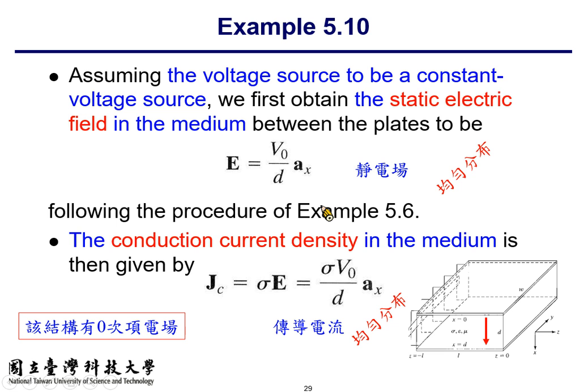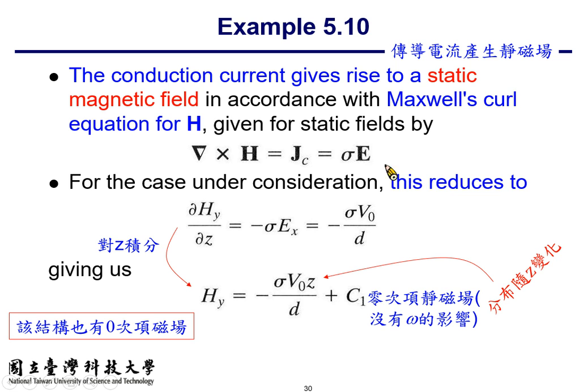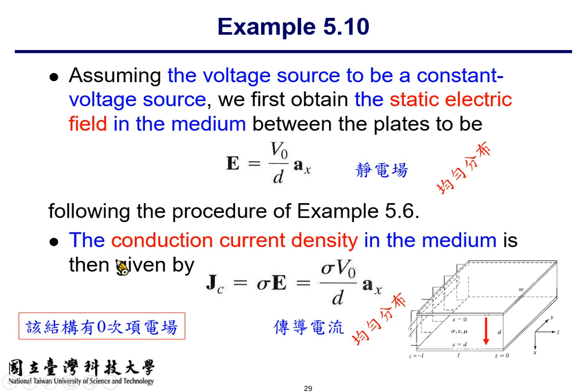So what happens with conducting current JC? You shall have magnetic field, right? Magnetic field is the direct product of the presence of current.